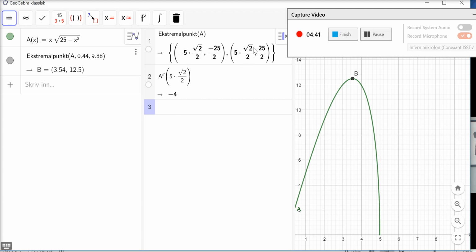So to maximize the area, x has to be 5 times square root of 2 divided by 2, which is the exact value of 3.54 here. And the area is then 25 over 2, which of course is the same as 12.5. So the difference is that when we do it graphically, we get decimal numbers. When we do it in CAS, we get it exact, with square roots and fractions and so on. So that was exercise 2.